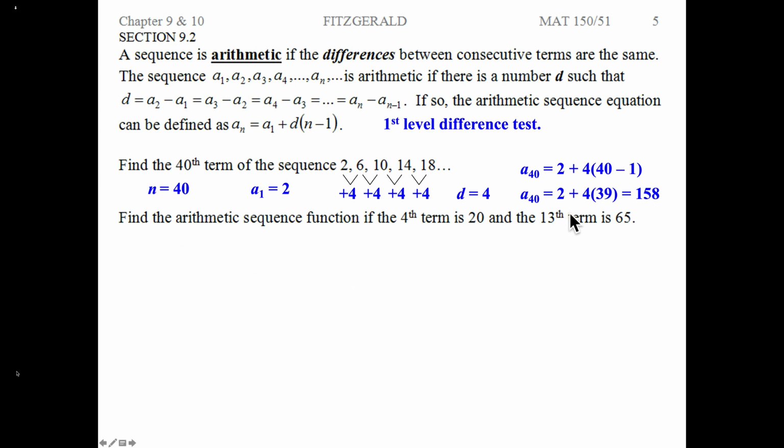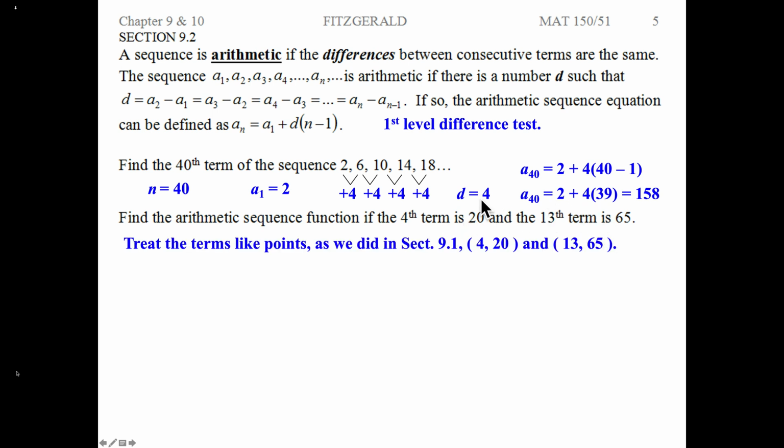We can also find the sequence, since it's technically like the equation of a line, point-slope form, we can find the equation of a line between 2 points. So we can find the equation of our sequence in this format given 2 terms.